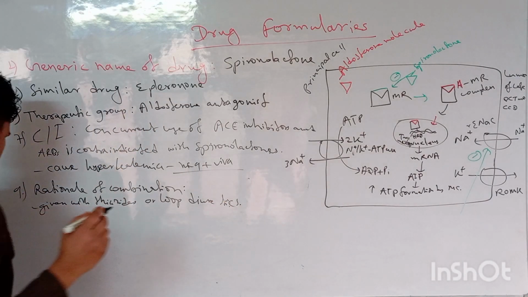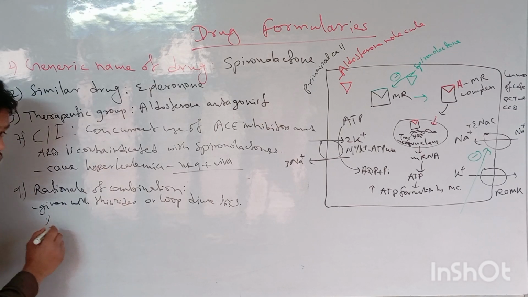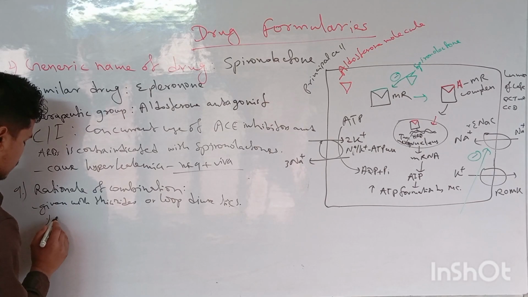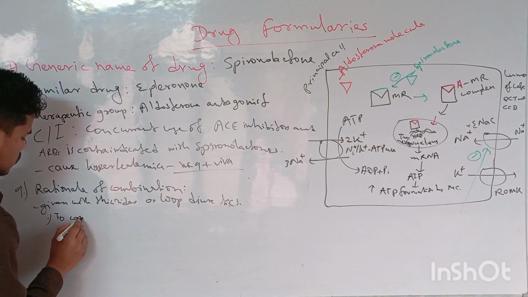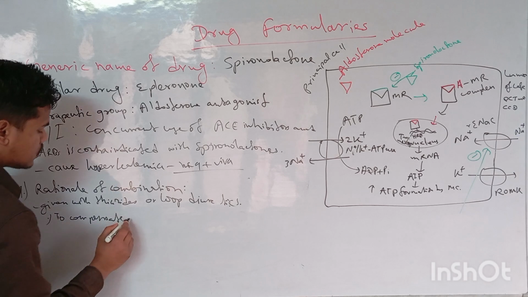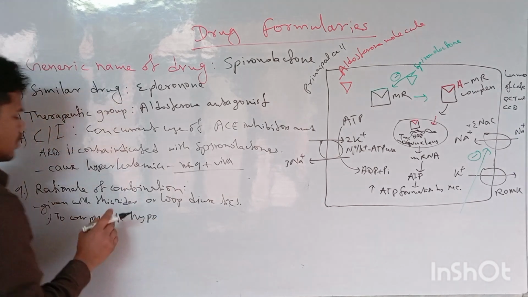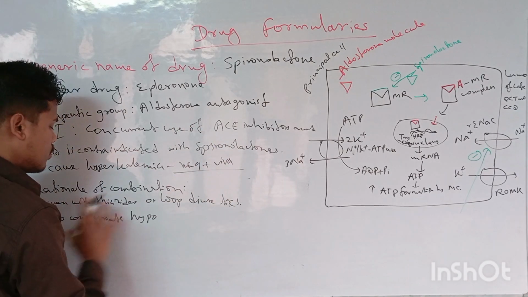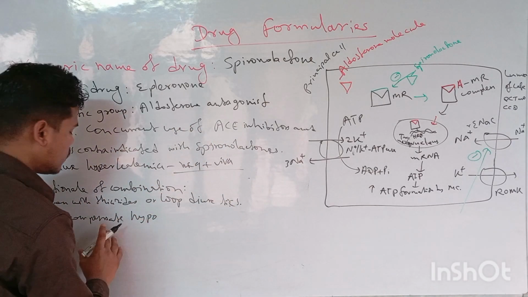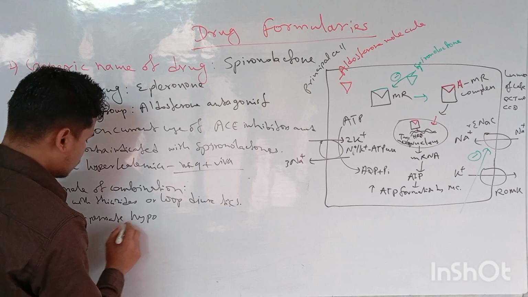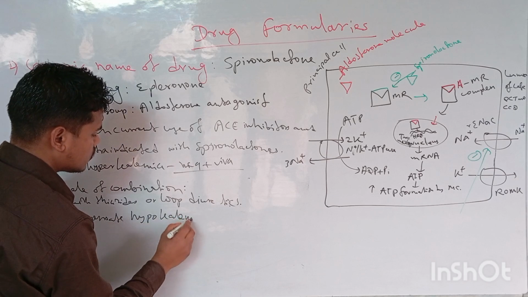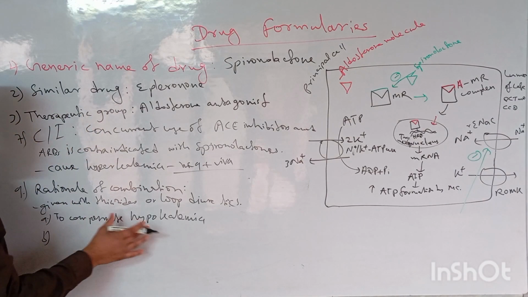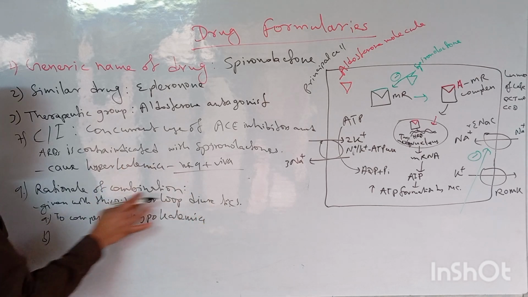The rationale of combination, first, is to compensate the potassium loss, that is, compensate hypokalemia. That means loop diuretics and thiazides will cause hypokalemia, and spironolactone causes hyperkalemia, so the potassium level will be balanced. Next, spironolactone will potentiate these diuretics.